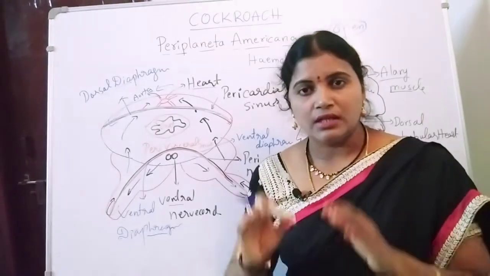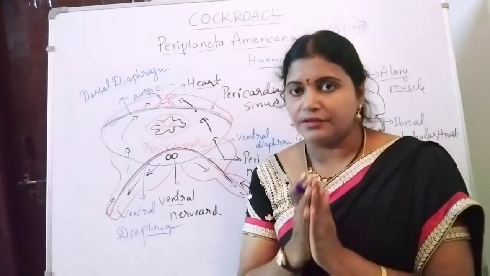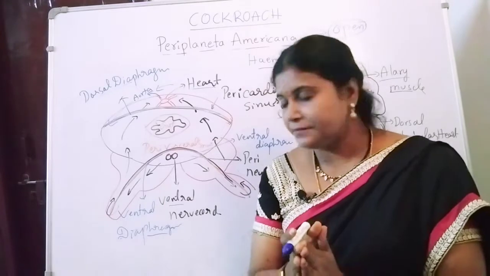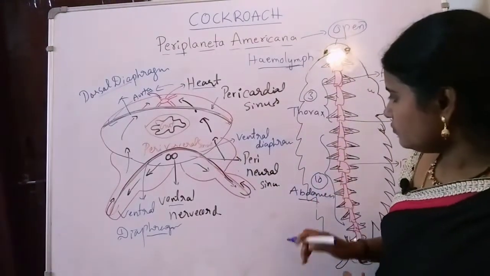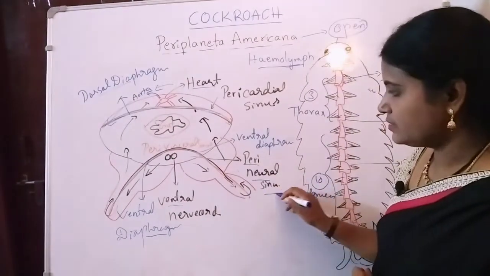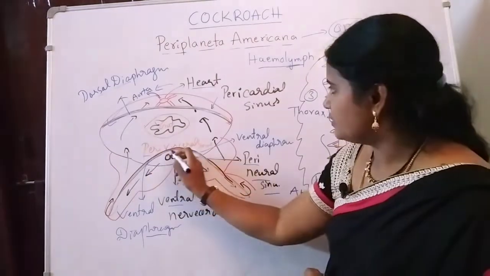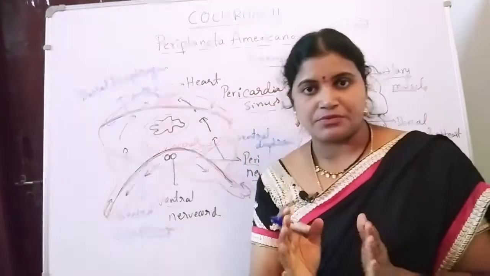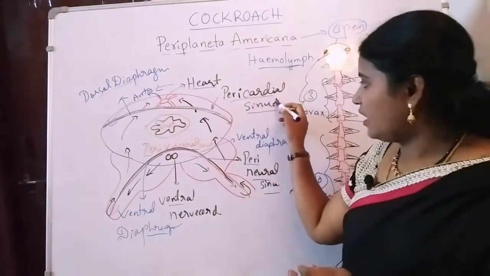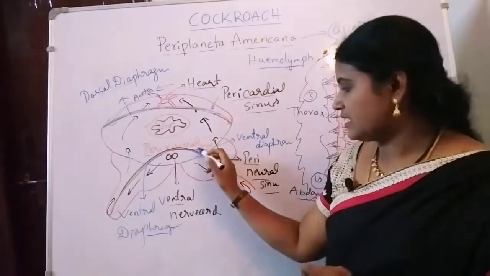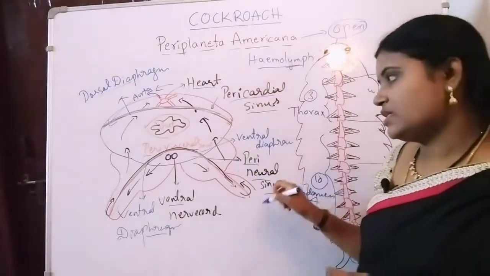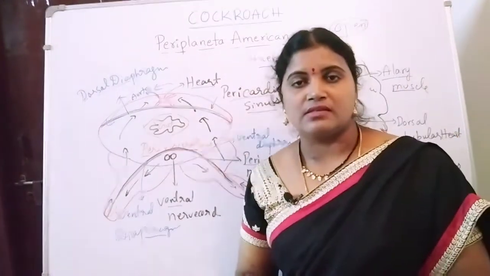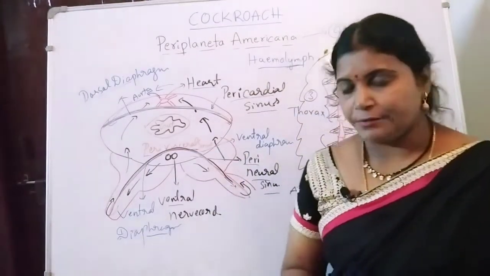Based on the area, different types of sinuses are present here: perineural sinus, perivisceral sinus, and pericardial sinus. So 3 types of sinuses. The perineural sinus is towards the head portion.